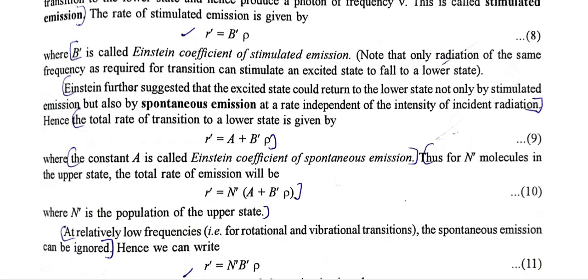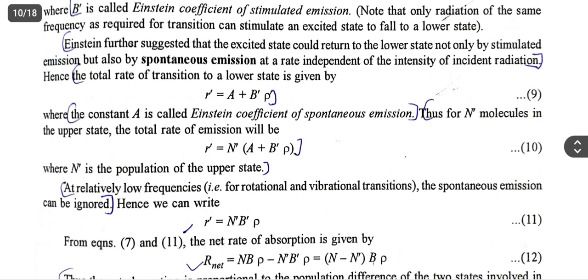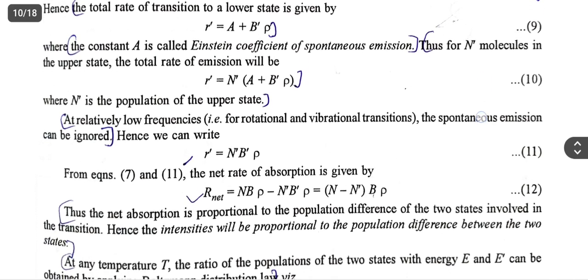Einstein further suggested that the excited state could return to the lower state not only by stimulated emission but also by spontaneous emission, at a rate independent of the intensity of the incident radiation. Hence, the total rate of transition to a lower state is given by R dash = A + B dash rho, where the constant A is called the Einstein coefficient of spontaneous emission. Thus, for N dash molecules in the upper state, the total rate of emission will be R dash = N dash (A + B dash rho), where N dash is the population of the upper state.